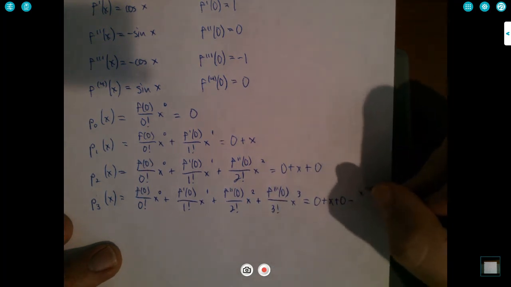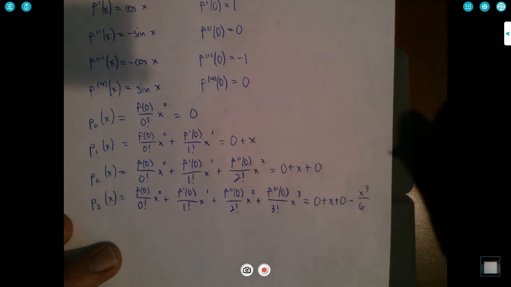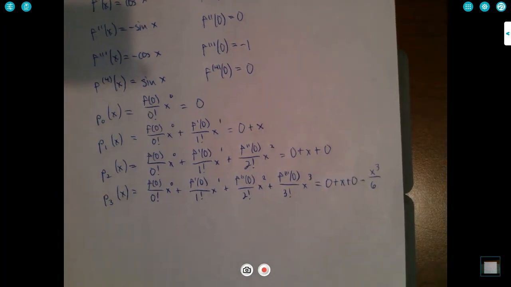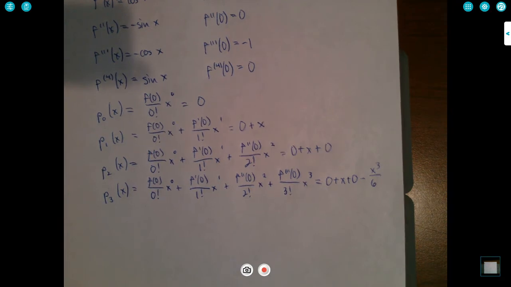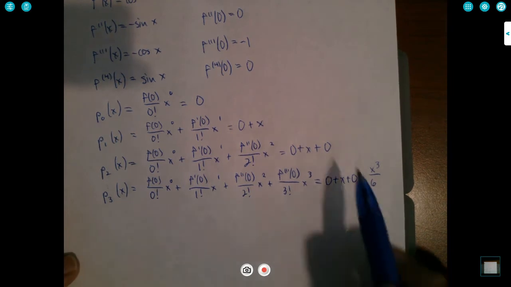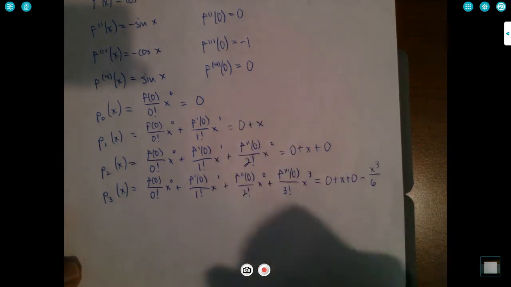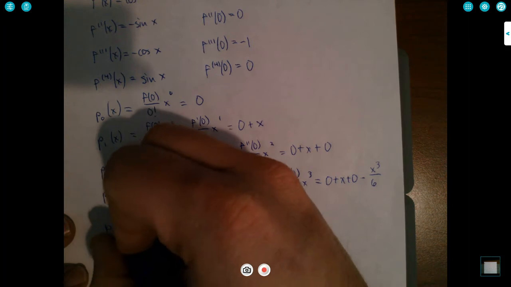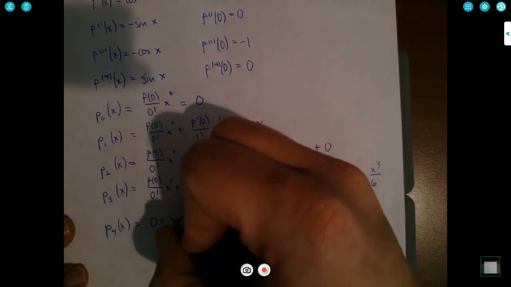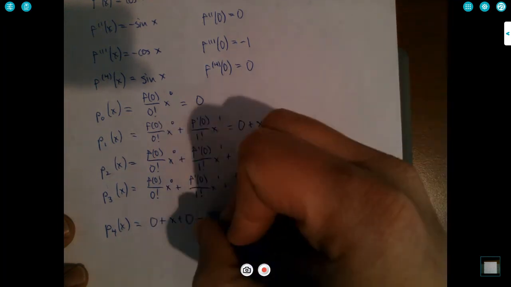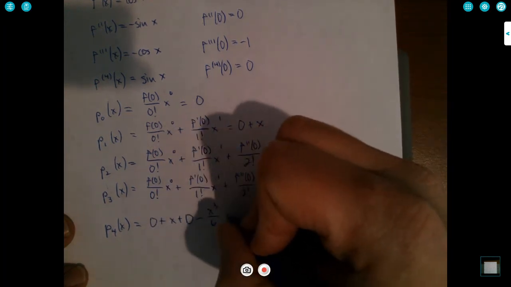So that would be x cubed over 6. Okay. If we go one more, the next term is just going to be 0, isn't it? So I'm not even going to write down all the nitty-gritty. I'm just going to say that I know that P4 is going to be 0 plus x plus 0 minus x cubed over 6 plus 0.